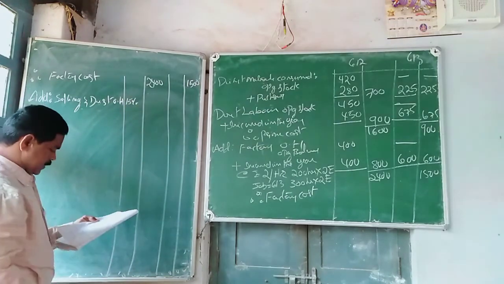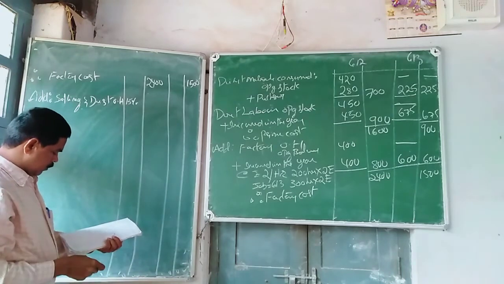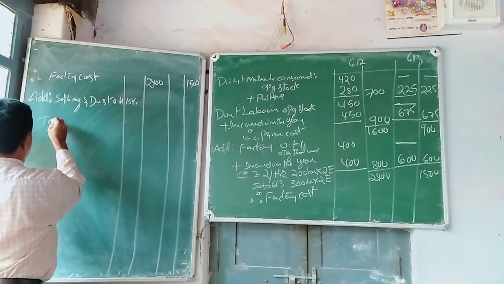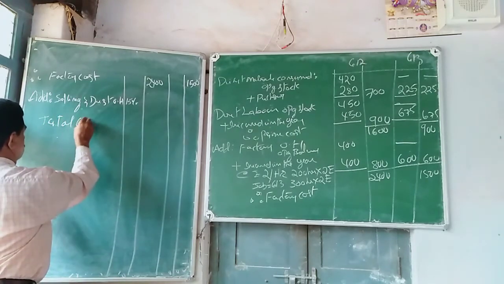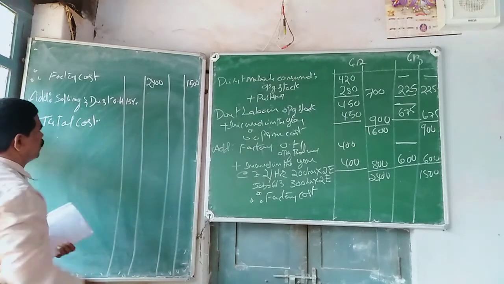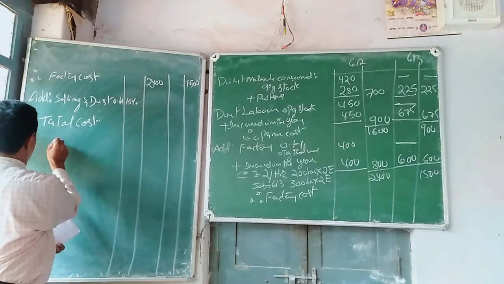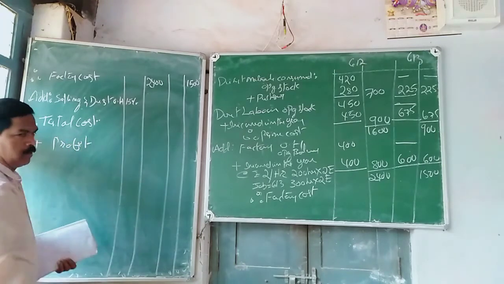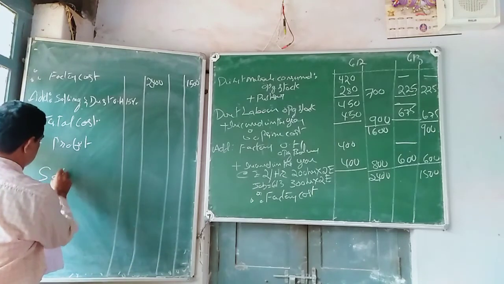After adding the selling and distribution overhead, we will get the total cost. To the total cost, we add profit. Then lastly we will get the sales.